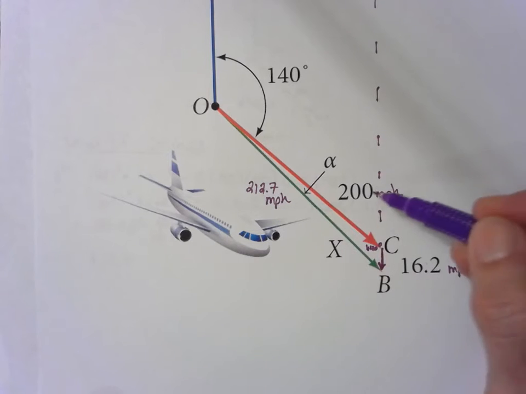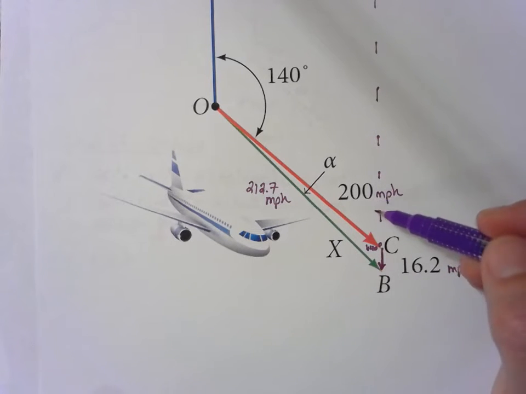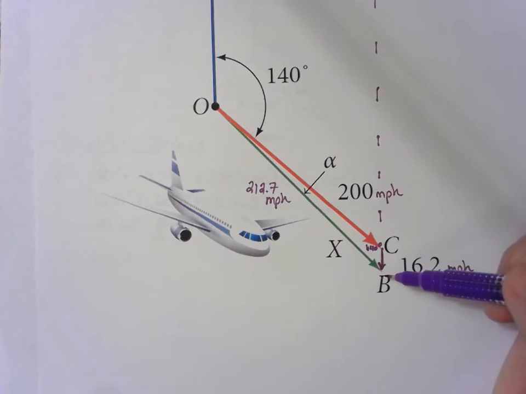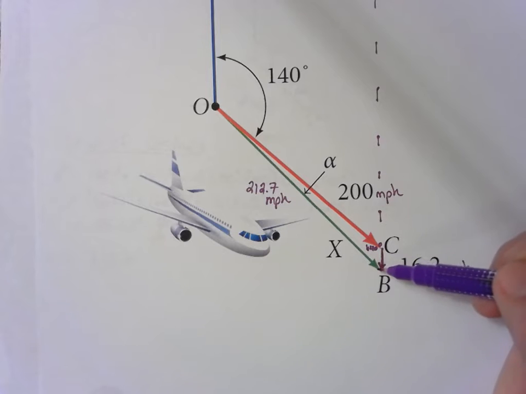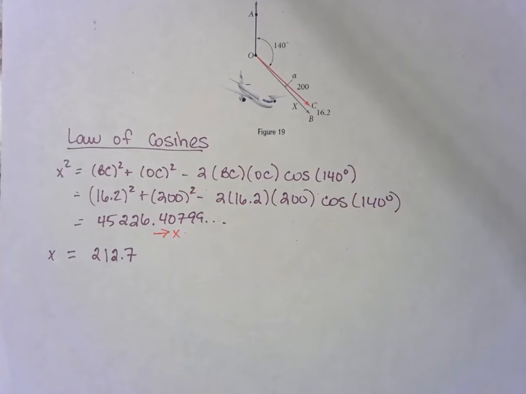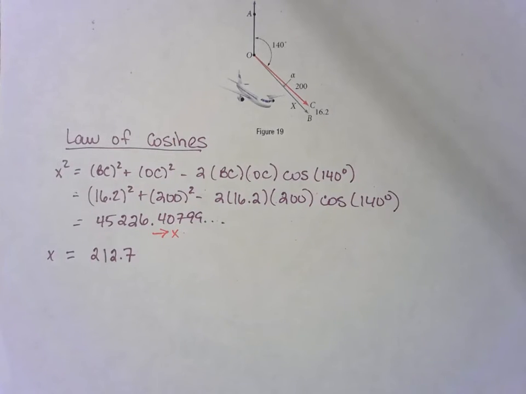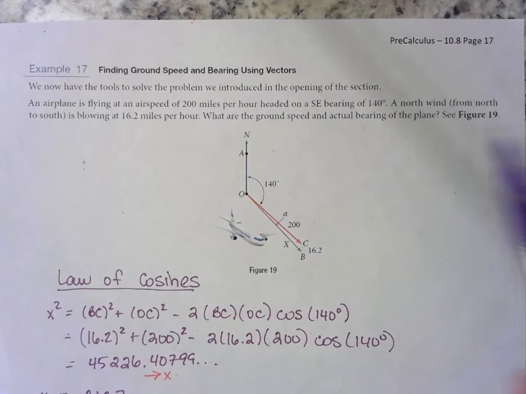Why is it faster than what it says it's flying? Because the wind is pushing it, right? It's not only pushing it faster, it's pushing it south more. Okay, so what else are we looking for? It says, what are the ground speed and actual bearing of the plane?